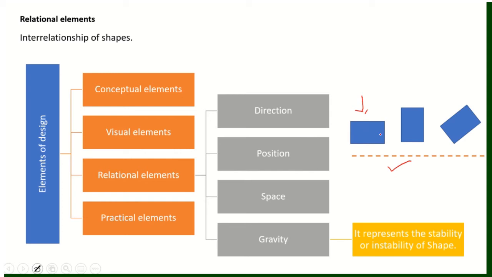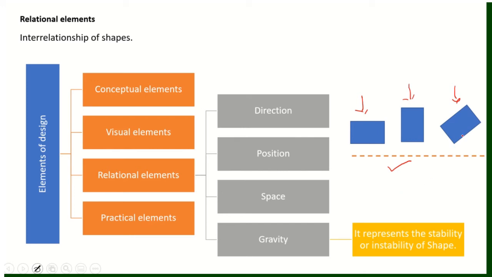The same way, if this is rotated by 90 degrees and you place the object, then you can say this is stable, right? But now if you see the third object, if you place this object as it is on the floor, then definitely you say that it is unstable.